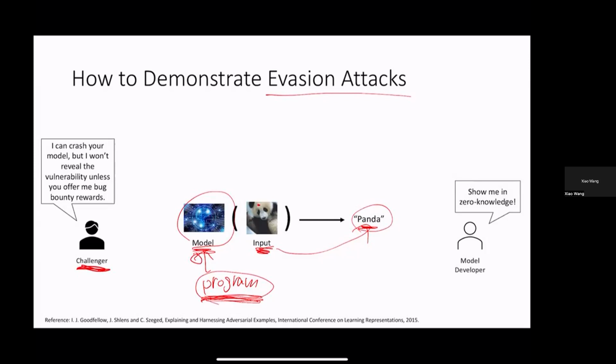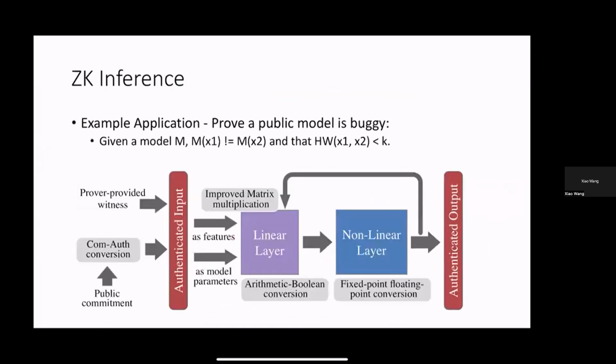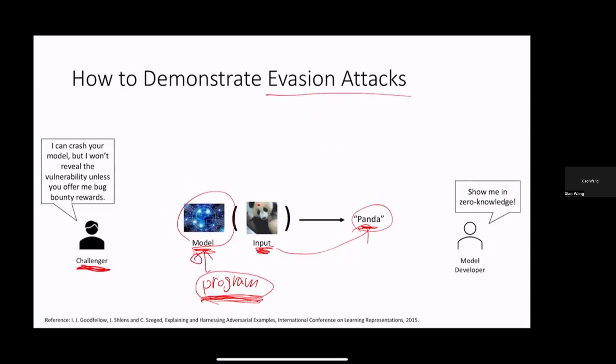Well, the challenger could send the tricked image to the model developer and tell them, see, I have this image, please reward me because I found a bug in your model. But in order for the model developer to be convinced that the challenger indeed has the bug, the challenger has to send the image to the model developer.